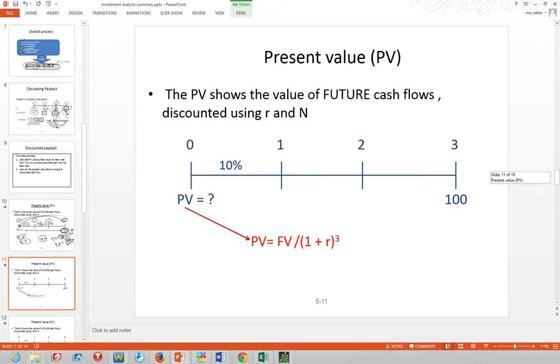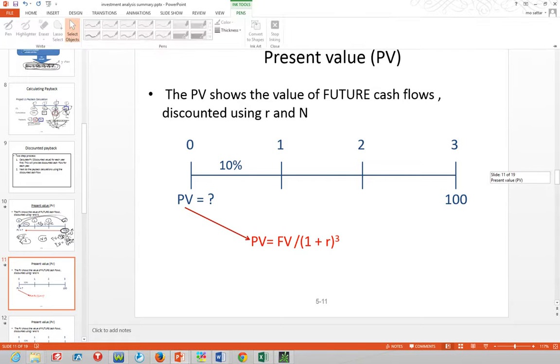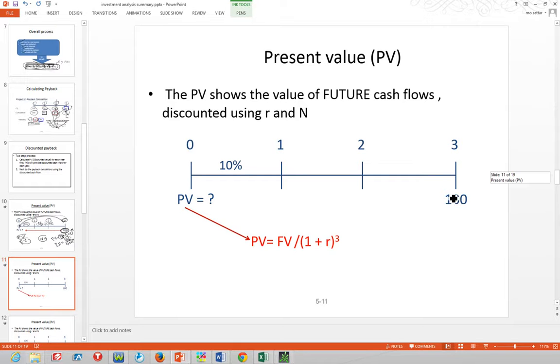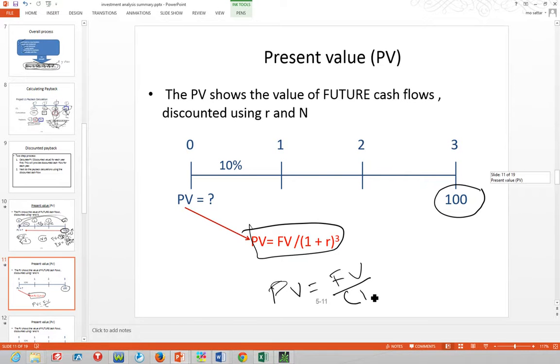Let's first do the calculation for this situation, so you can understand from a logic perspective what this means. We have $100. Remember, the formula here is present value is future value over 1 plus R raised to n, and n in this case is 3 years.